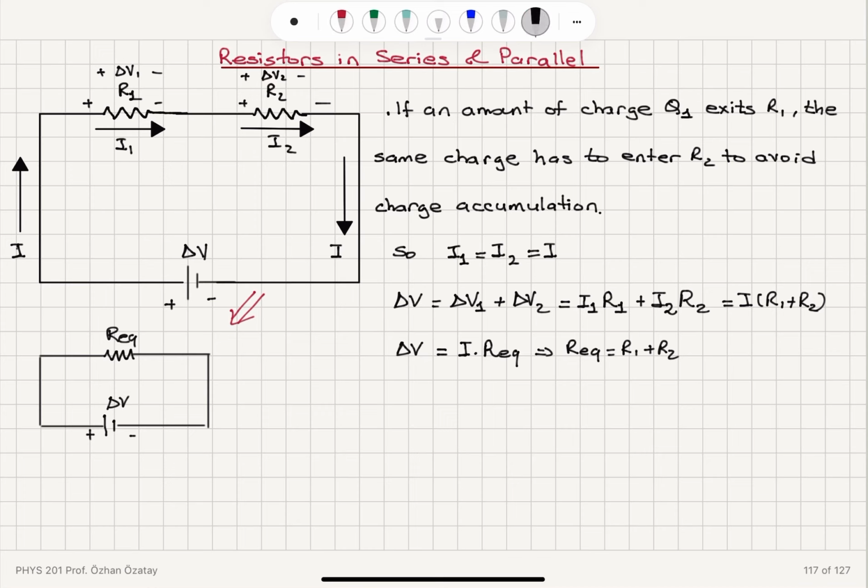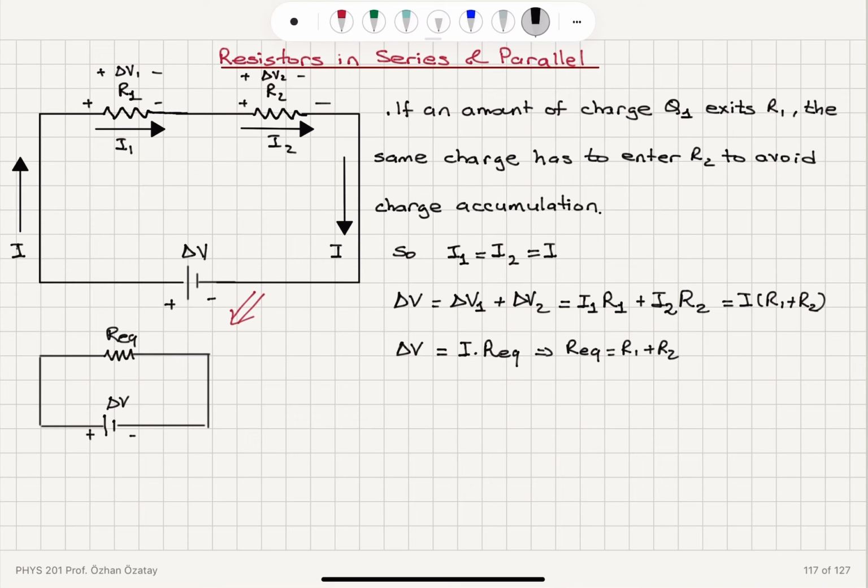So what does that tell me about the series combination of resistances? The requirement that they must have the same current flowing through and the voltages should add up to the potential difference between the two terminals.